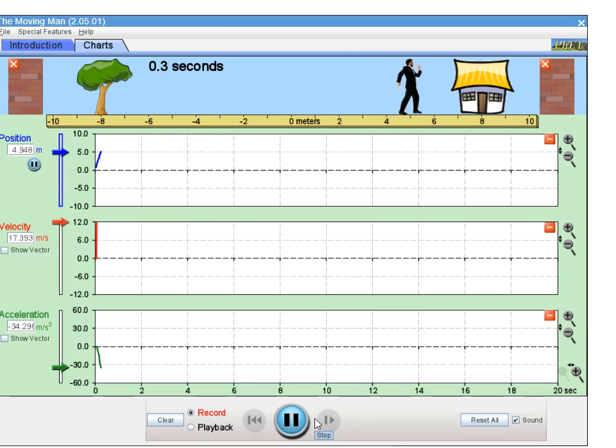I hit enter and then I hit play, and hopefully that works. So he's moving in a sinusoidal motion. And you can see how when the position is increasing, the velocity is positive, and when the position is decreasing, the velocity is negative.